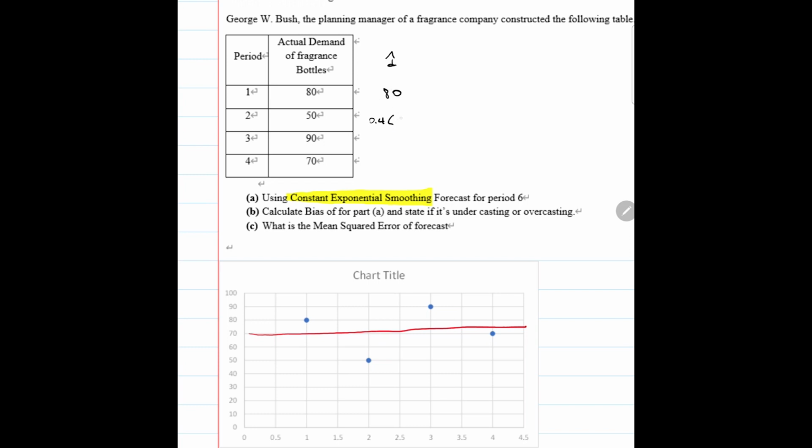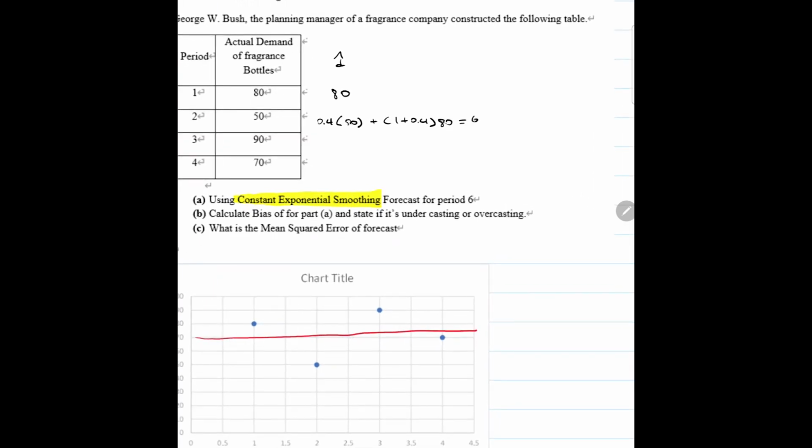Current dt is the current one, so 50, plus the previous one, d hat t minus 1, which is 80, and it comes out to be 68.